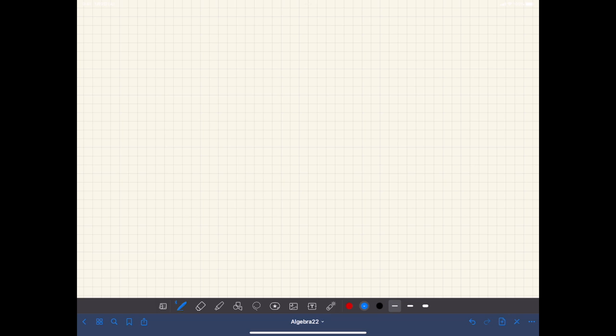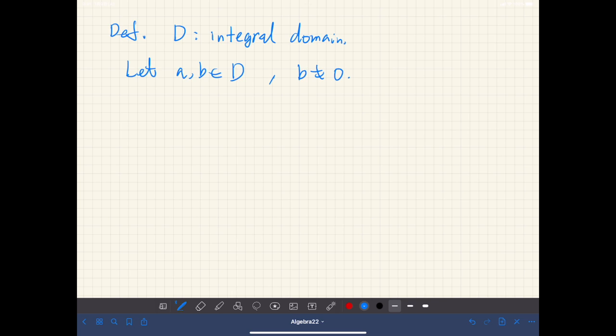Okay, we continue our study of rings. In particular, we explore some more integer-like properties of rings. Here's a definition. Let D be an integral domain and let A and B be elements of D, and suppose D is not 0. So 0 means the 0 element of this integral domain. It doesn't necessarily mean 0 as a number.